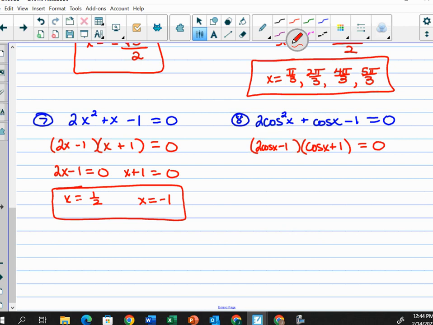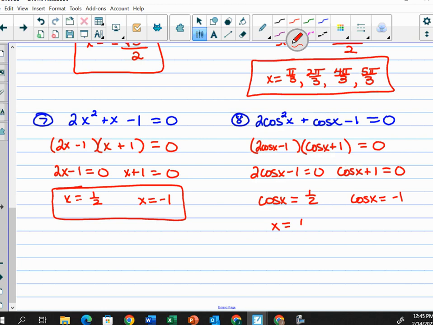Do you guys see the factoring, how you can do it without the cosines and then just plug the cosines in? You see it? Then you're setting your factors equal to 0. So 2 cosine x minus 1 equals 0. Cosine x plus 1 equals 0. So I need to know, when does cosine equal 1/2? And when does it equal -1? So when does it equal positive 1/2?